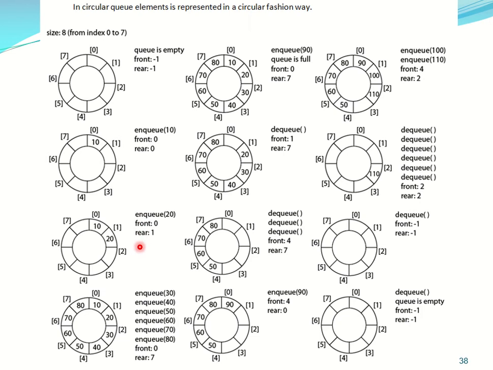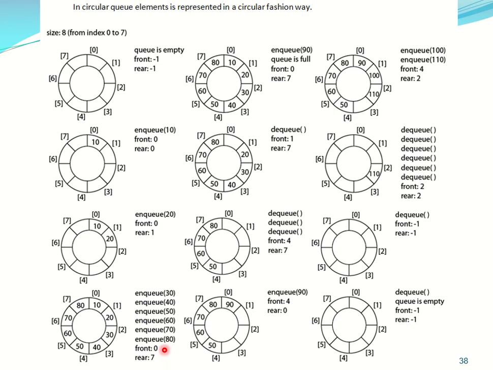So remember, front and rear only hold the index value. When you enqueue 30, 40, 50, 60, 70, 80, it will fill up the whole queue, and you can see that every time you enqueue, rear is increased by 1.